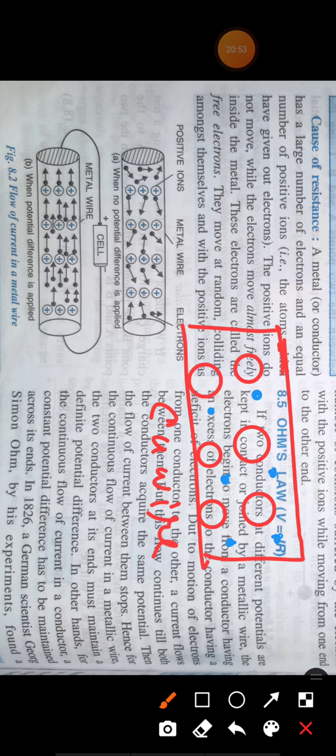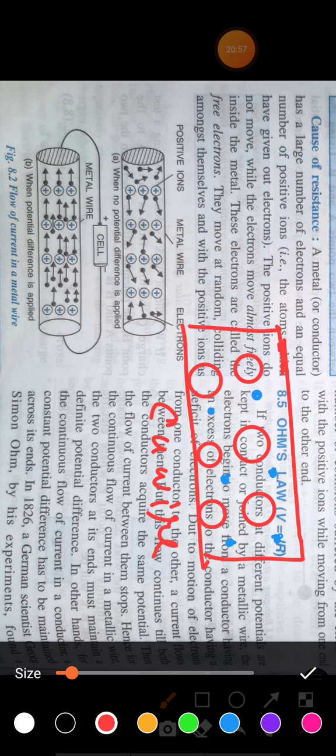Now, the size of these copper atoms is very large, and electrons are very small in size. For example, if you are an electron, then 2 or 3 football grounds will be the size of an atom.